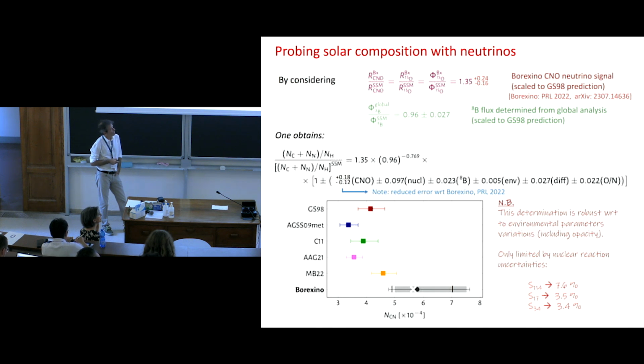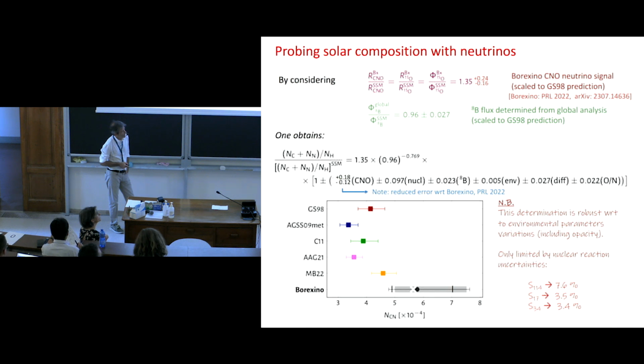By using this number together with the value of the boron neutrino flux, which is obtained by global analysis of the solar neutrino problem, one determines this value for the carbon plus nitrogen abundance of the core of the sun, rescaled to what was implied by this kind of compilation.